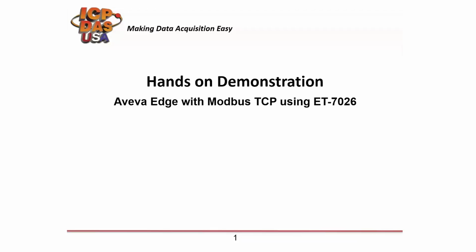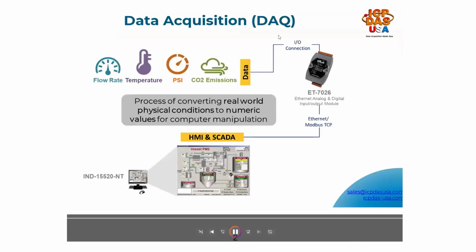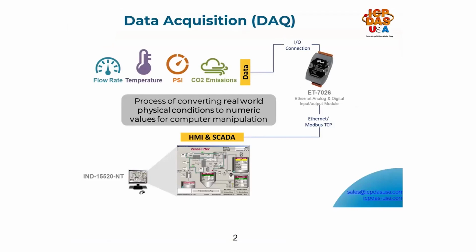Today, for our hands-on demonstration portion of the webinar, I will show you how to connect a Modbus TCP server to AVEVA Edge. Our connection will be similar to this. We have a PC with AVEVA Edge installed. Connected to our PC is our ET7026 Modbus TCP data acquisition module.